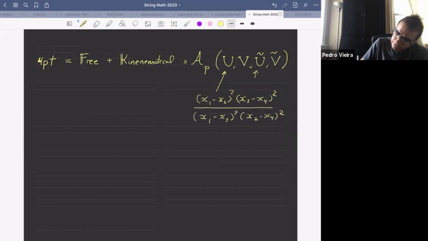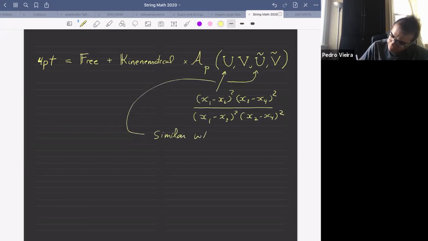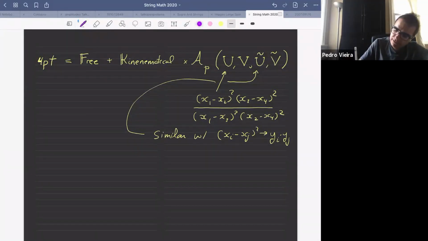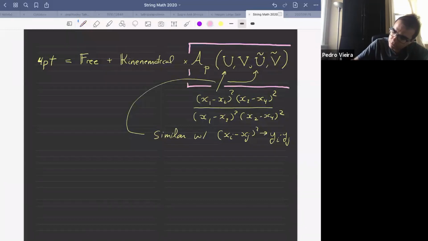And u tilde, for example, would be similar, with xi minus xj squared replaced by these null vectors yi dot yj. And so this A_p is the object we want to study. That's the interesting part, the part that carries all the physics of this correlator.